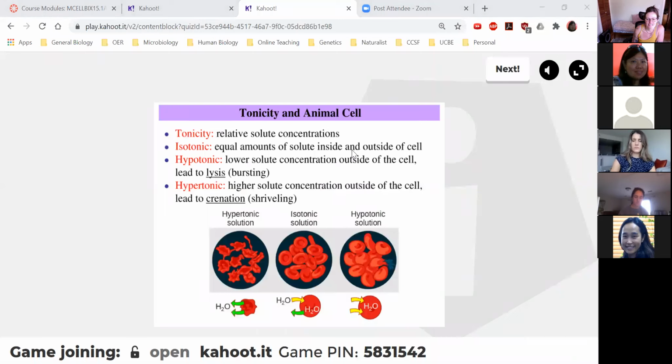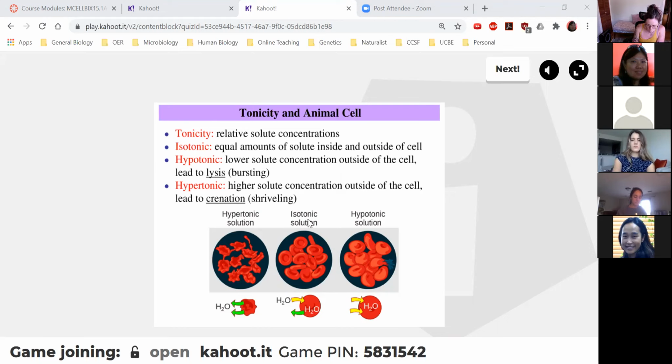So let's talk about tonicity. I think in the pre-lab quizzes, there are a few people who get confused about tonicity. Tonicity literally means the relative solute concentration. So let's say you put your red blood cell into a beaker.